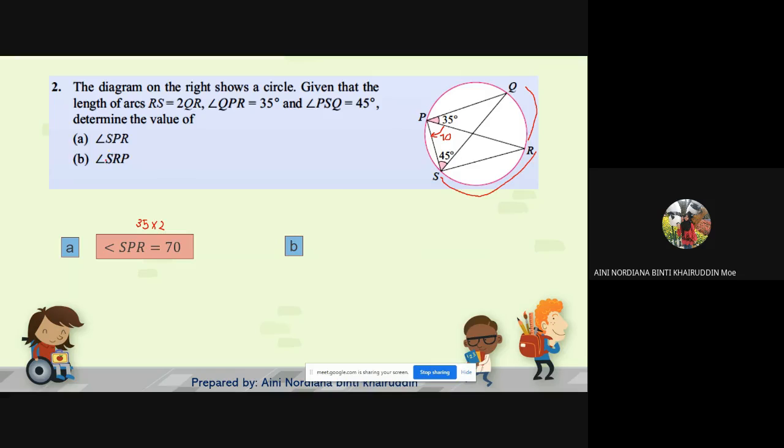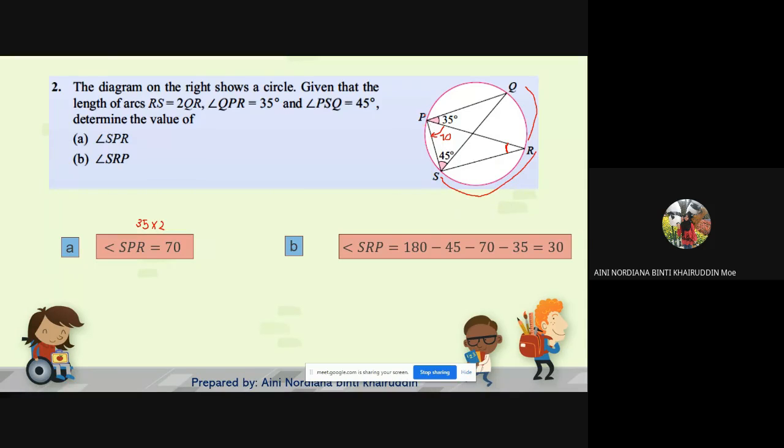For B, angle SRP, this angle. So this angle equals 30, which is 180 minus 45 minus 70 minus 35.